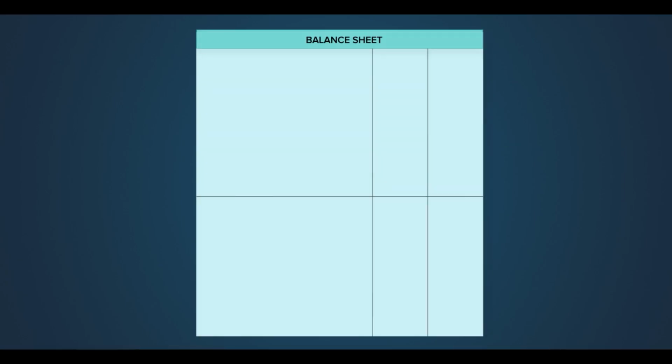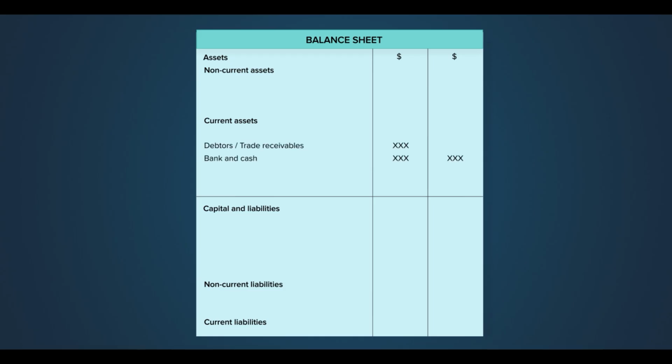The balance sheet of a business shows the position of assets, liabilities, and capital of a business. This follows the accounting equation. Here, assets include cash, trade receivables, also called debtors, inventory, property, plant and equipment, and investments.